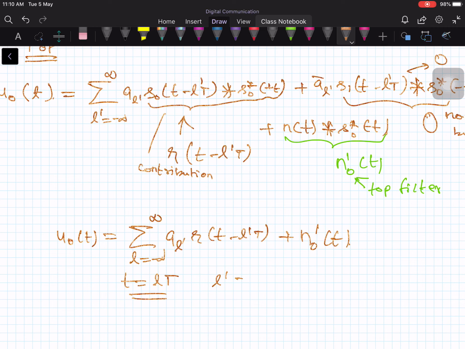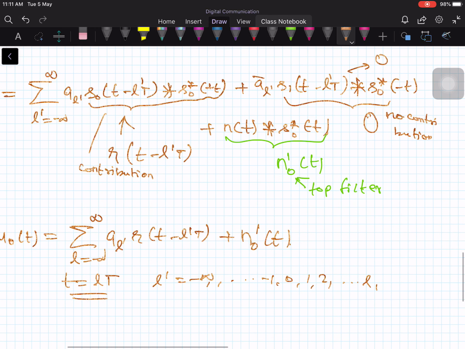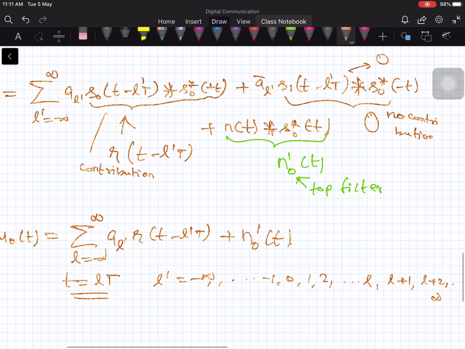L prime takes values minus infinity, then minus 1, 0, 1, 2, up to L, L plus 1, L plus 2 and so on up to infinity. Now I am going to consider only the Lth interval. The contributions from all other intervals are 0.